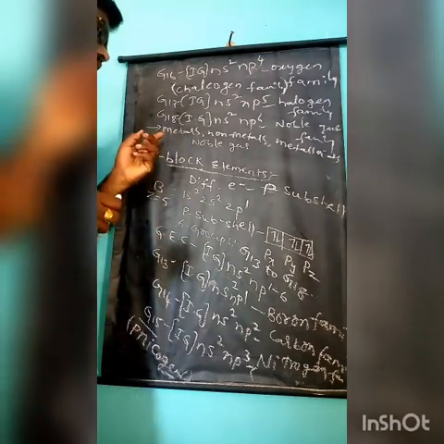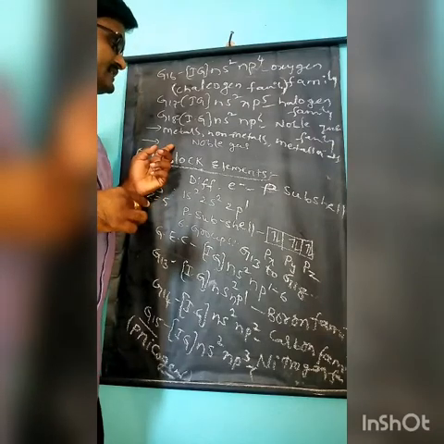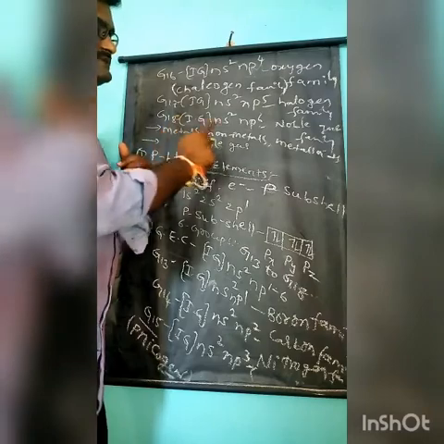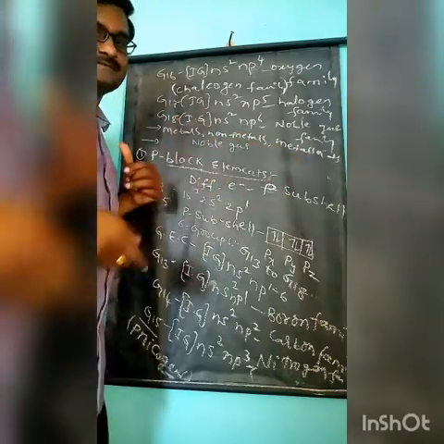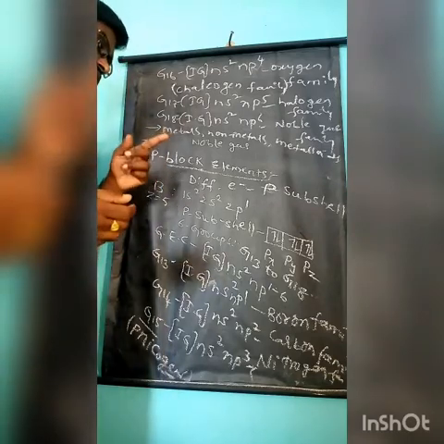Last point, read: the p block contains mostly metals, non-metals, metalloids and noble gases.